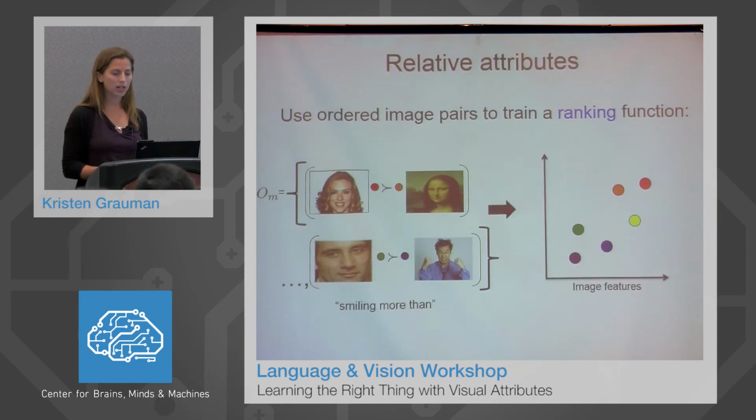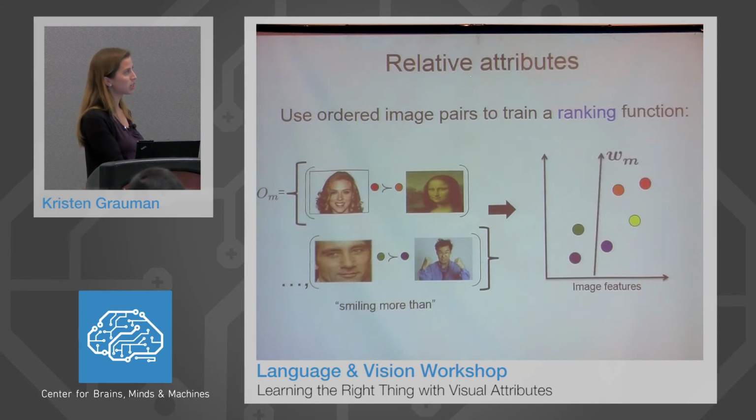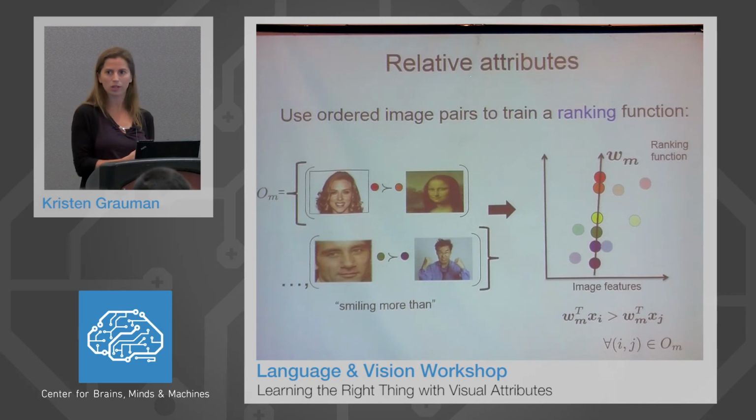So once you have such training pairs, then you can learn a ranking function, say in some 2D image feature space, then we're going to learn some axis along which we could project all the data, and these ordering relationships are preserved. Okay, and there's a lot of machine learning techniques to do this for learning to rank, but this will give us a way to then predict for new examples where on the spectrum of smilingness this new image lies.